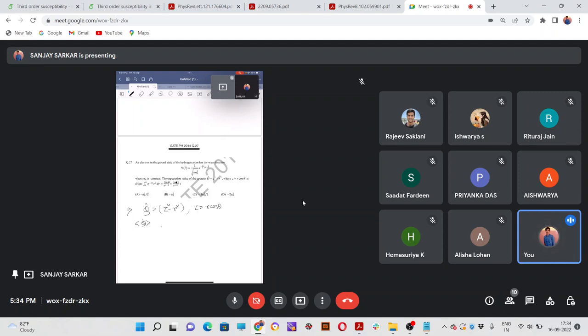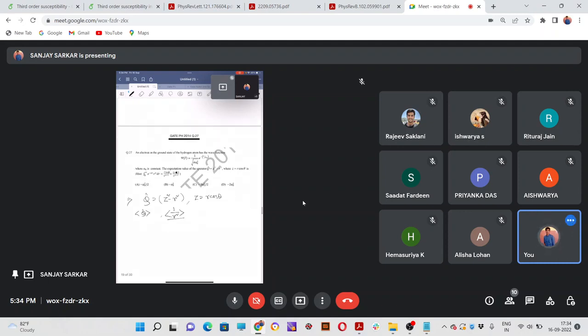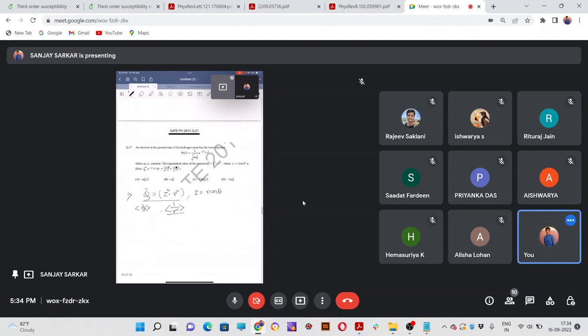In the first question we found the expectation value of 1 by r square. In a similar way we need to find the expectation value of q, and you will have to use this formula in the subsequent calculation: gamma n plus 1 by alpha to the power n plus 1, where gamma n plus 1 is factorial n, alpha to the power n plus 1.